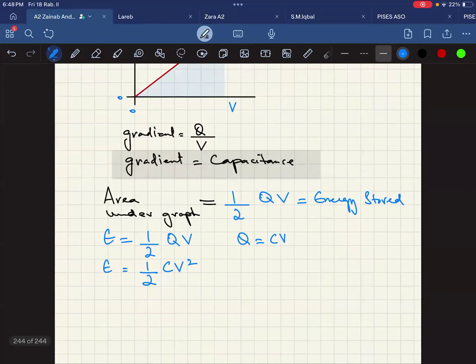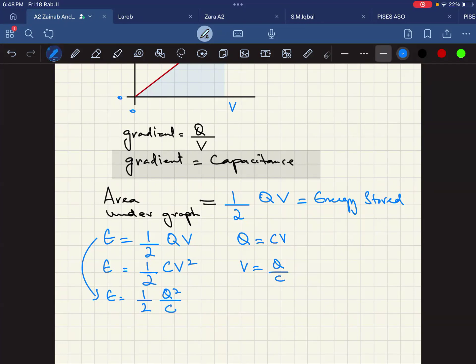This is another equation for calculating energy. What if you substitute V as Q upon C? In the same equation, another equation becomes E equals half of, in place of V, Q upon C, so Q squared upon C.